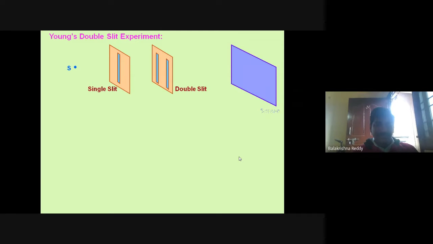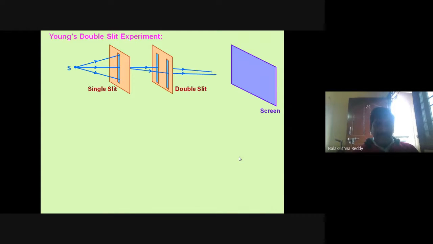Why do I need this? Because practically I will not have two coherent sources with the same frequency and same amplitude. That is not available. At least I should have the nearest frequency and nearest wavelength. So that's why from the same source I divide the amplitude like this.